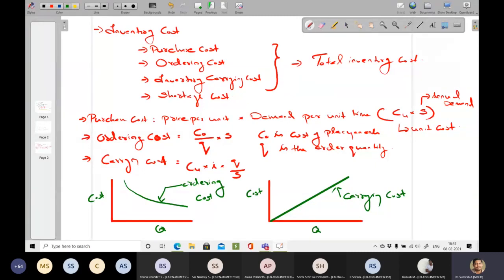What you can observe from these two individual curves is that when you order more numbers in the same order, your ordering cost reduces. But the cost associated with stocking that product as inventory will increase as the numbers increase. Here Q is quantity.